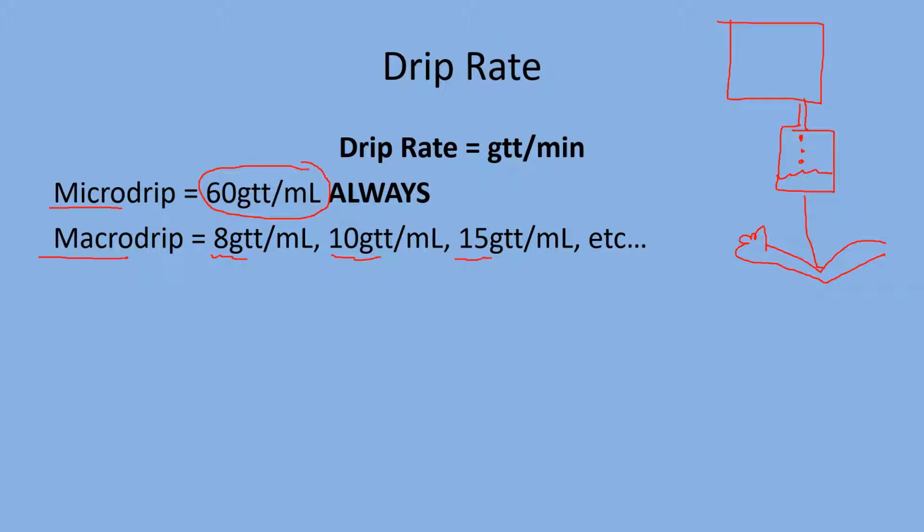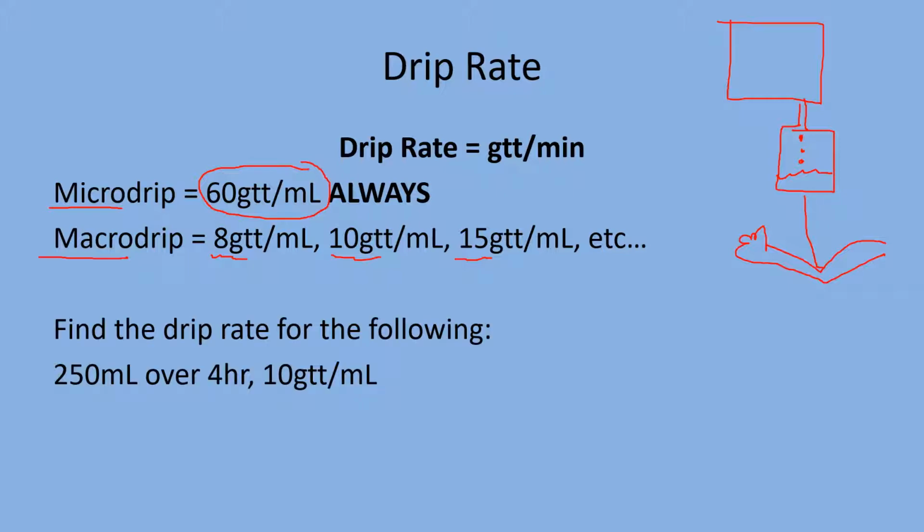So we're going to convert from flow rate to drip rate. It's always easier if you just start with the flow rate. And then it'll take 2 easy steps to go to the drip rate. So for example, 250 mLs over 4 hours using a 10 drop per ml tubing set.